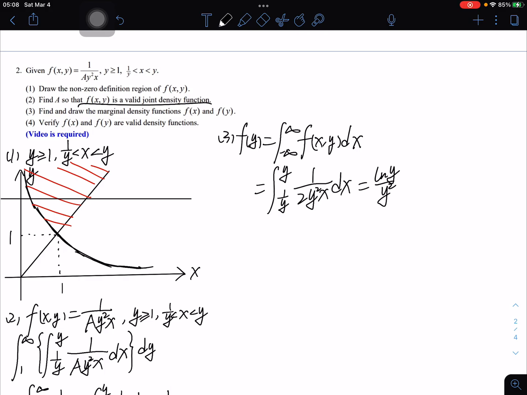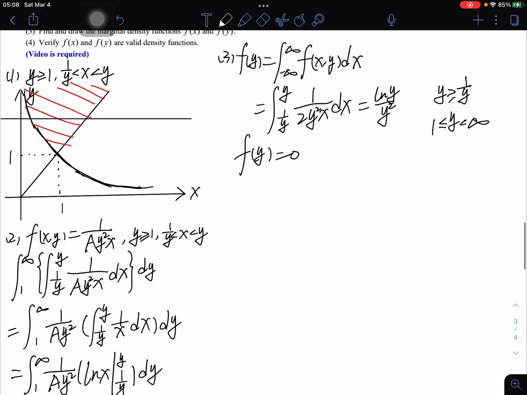We need to ensure that y is larger than 1. Otherwise, it equals 0. So f_Y(y) equals 2 y squared log y for y larger than 1, otherwise 0. Okay, now we'll find f_X.